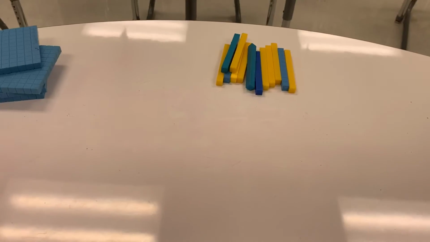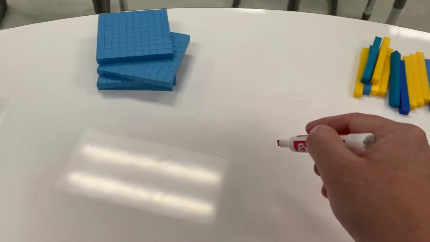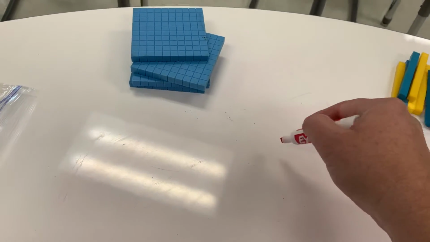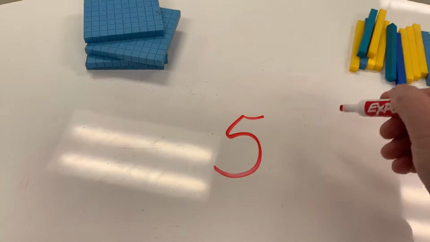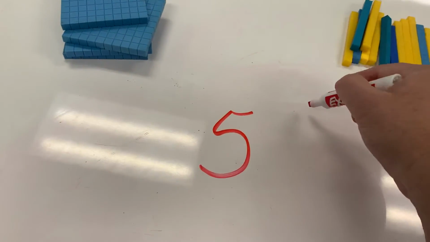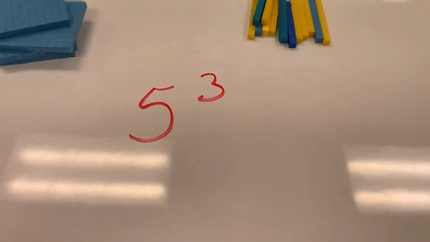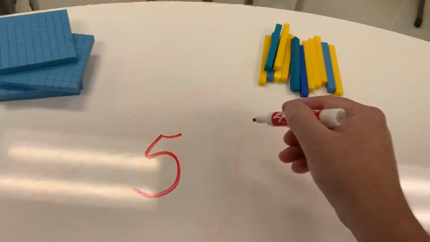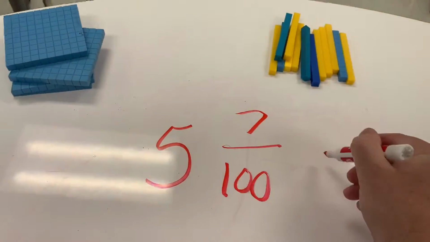So this time, let's make the fraction first. So let's make a fraction. Let's make 5 and let's do 30. No, let's change it. I want to change that to something else. Let's do 5 and 7 hundredths.